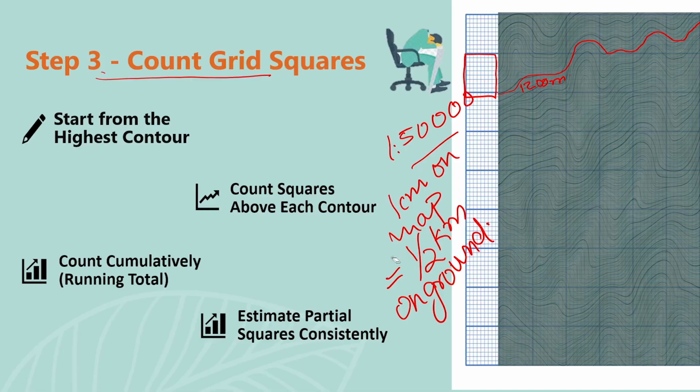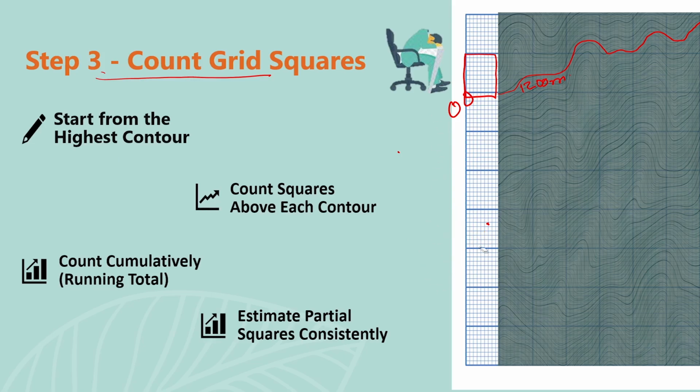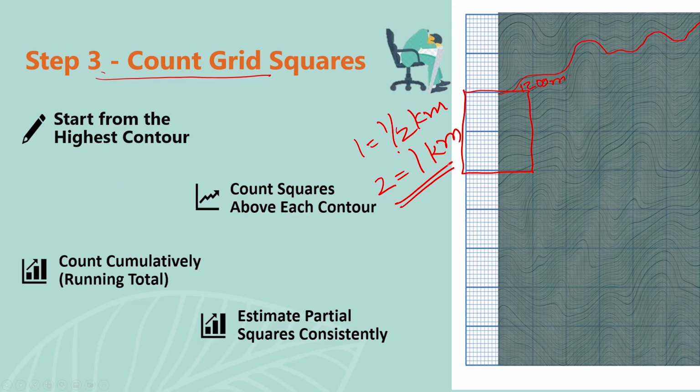In most cases, for simplicity, to avoid the complication with the half kilometer part, what we do is we take two grids together like this. So, since 1 equals half kilometer on ground, we are going to take 2 together and that will equal 1 kilometer. This makes calculation easy for us.